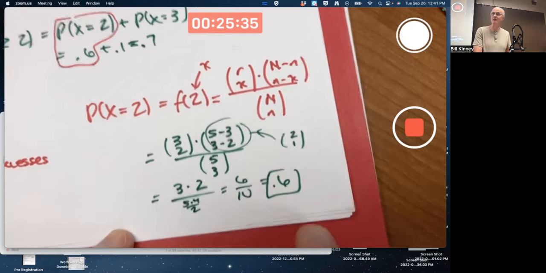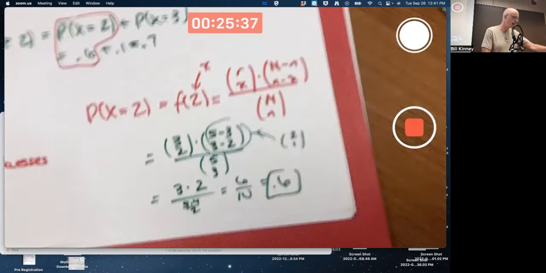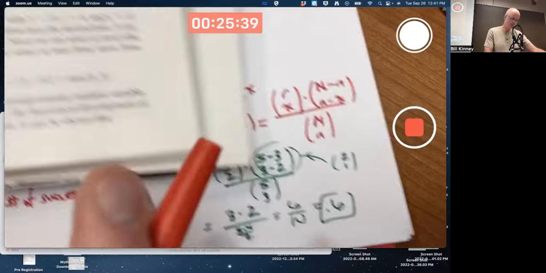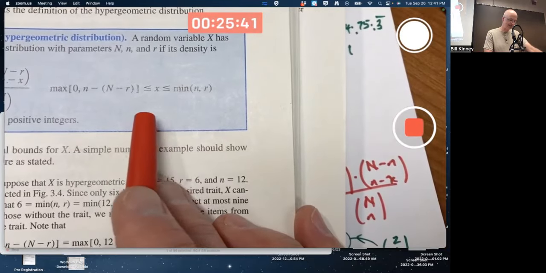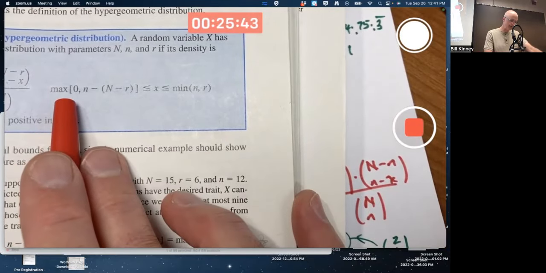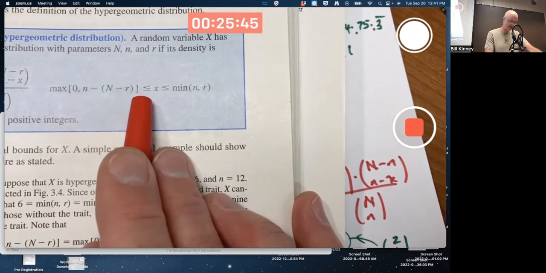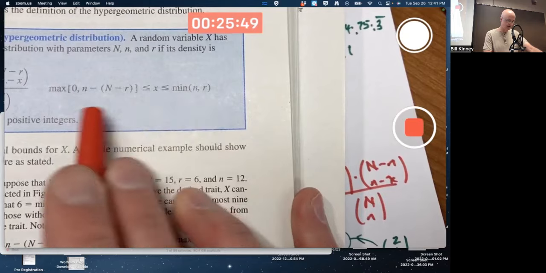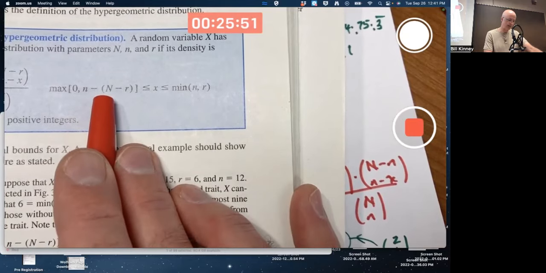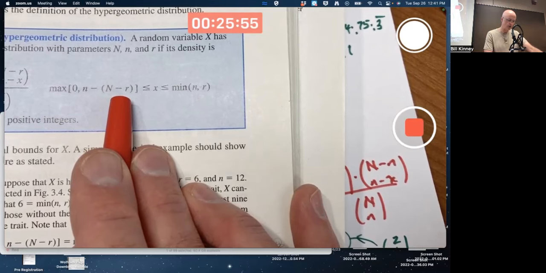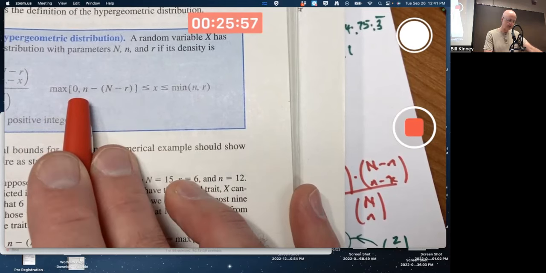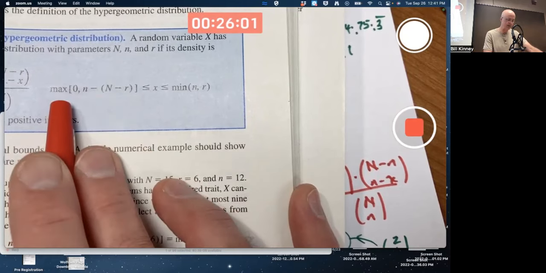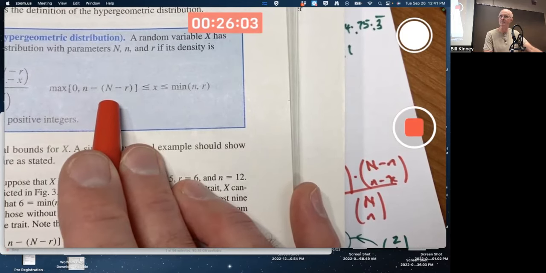Okay, so the formula does work. The domain of this is a little strange as well. X is between the maximum of 0 and that thing, and the minimum of little n and little r. What is this? Well, again, capital N's 5, little r is 3. 5 minus 3 is 2. Sample of size 3. 3 minus 2 is 1. Maximum of 0 and 1 is 1.